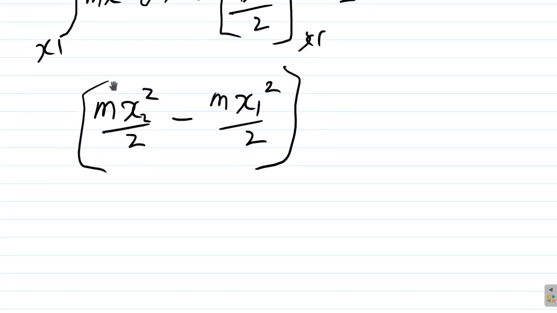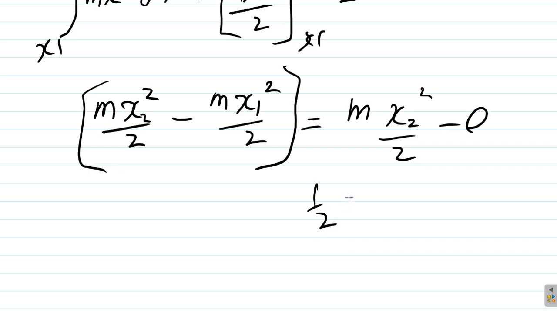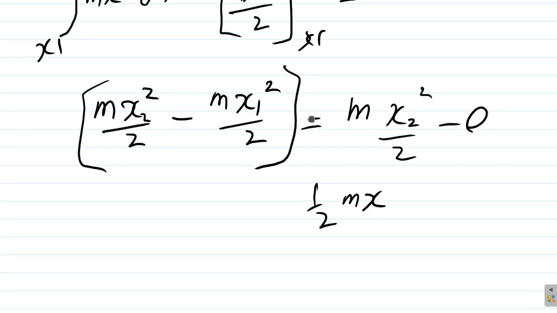So that simplifies our expression here. So it's m, the gradient, times x2 squared over 2 minus 0. So this is half mx squared.